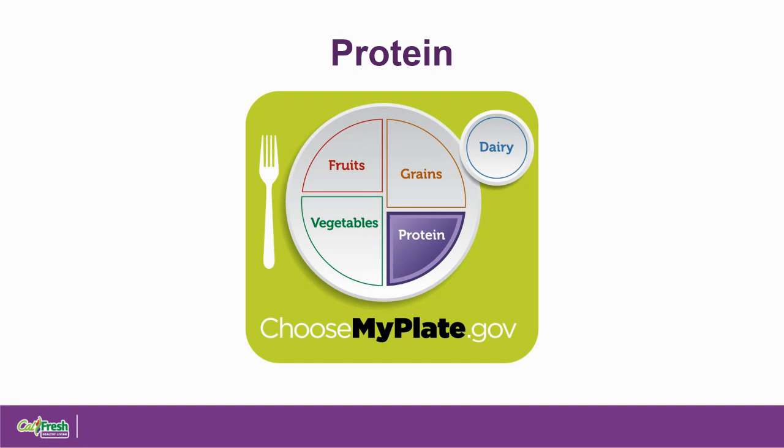Hold up your palm. You can see your palm as a tool to help you decide how much protein your body needs at each meal. Another way to think about it is if you are eating a hamburger or a piece of chicken, it should be about the size of the palm of your hand.